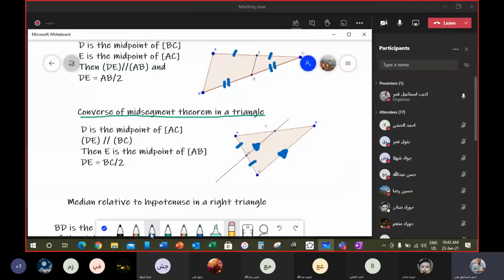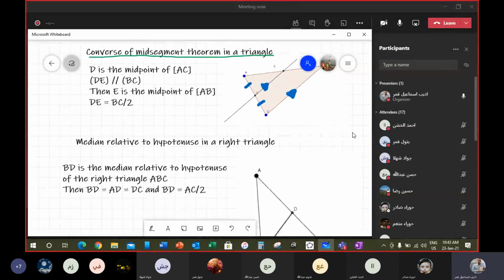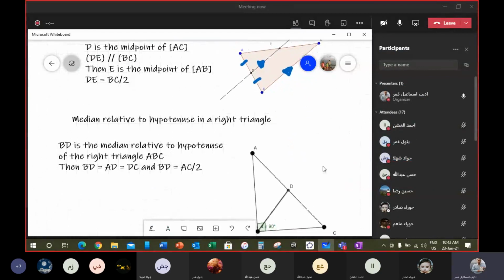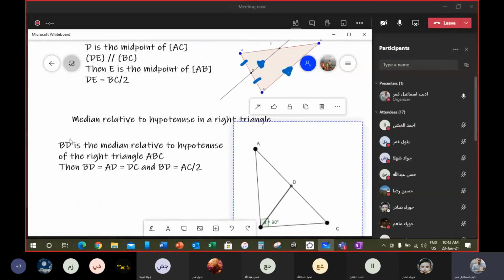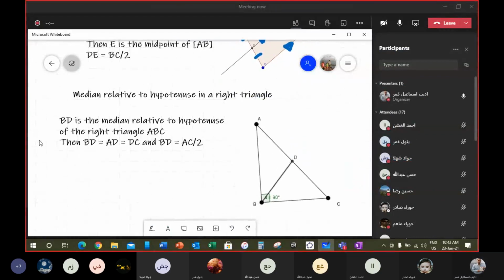We will move to another property, which is the median relative to hypotenuse in a right triangle. So how do we know that the triangle is right? If there is an angle of 90 degrees, then this triangle is right.